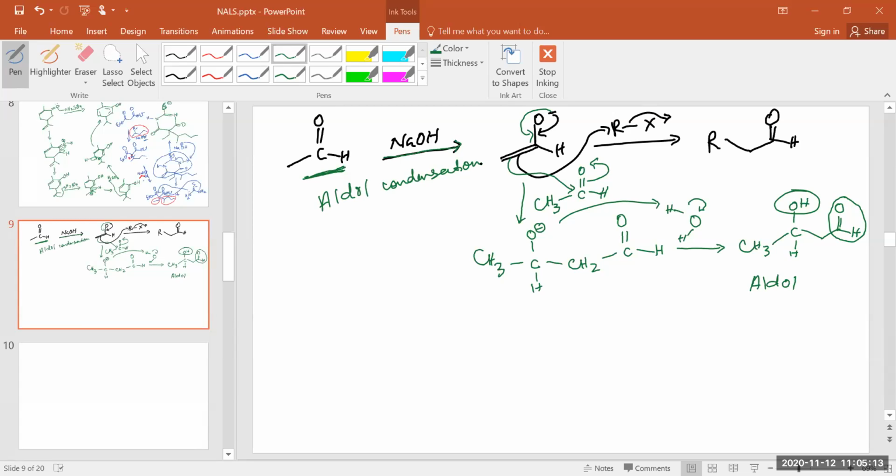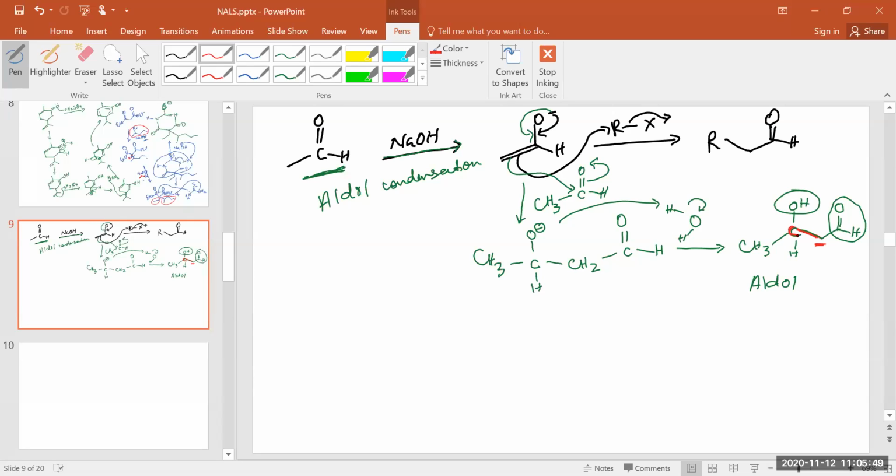So what happens here? A new carbon-carbon bond is formed here. So it's actually a carbon-carbon bond formation between the alpha carbon of the aldehyde with the carbon of the aldehyde functional group. This is a very common reaction, widely used.